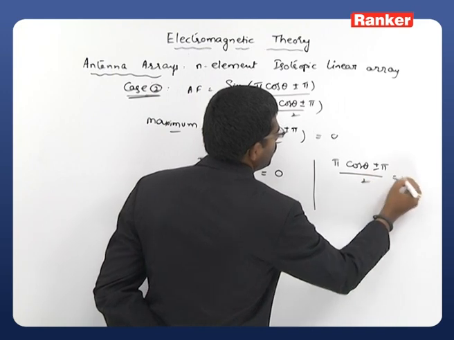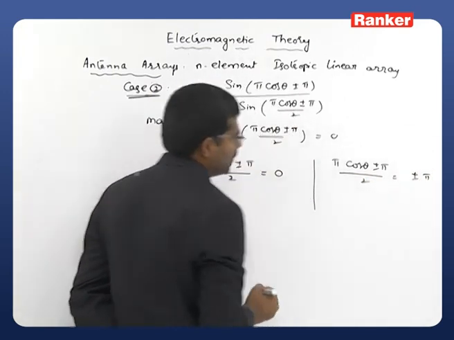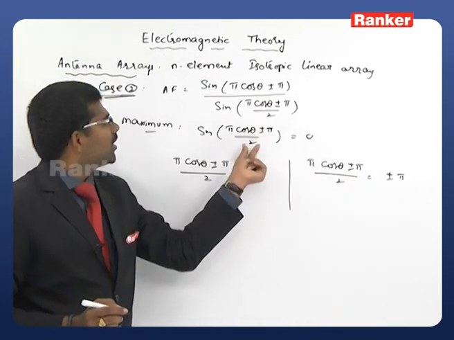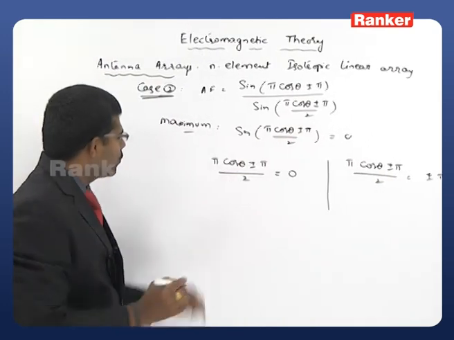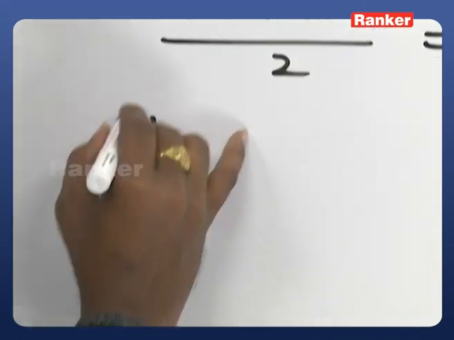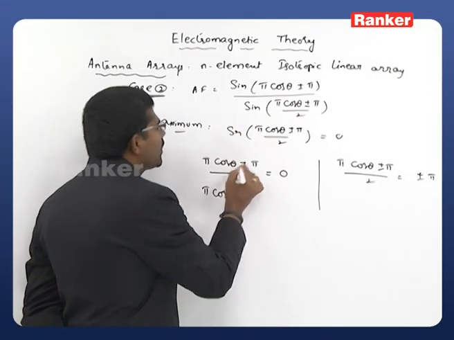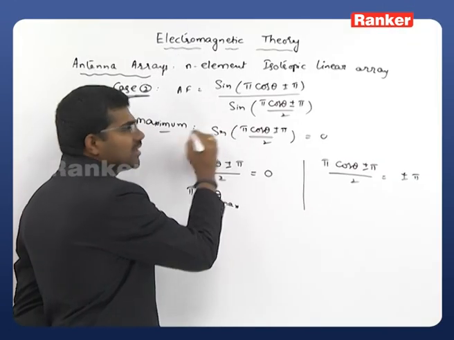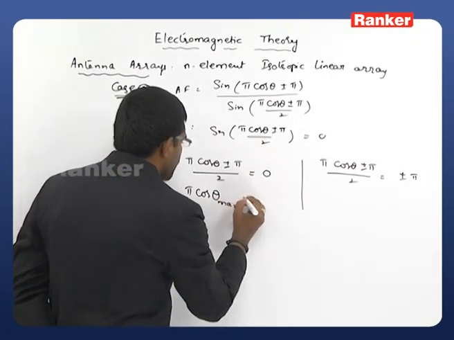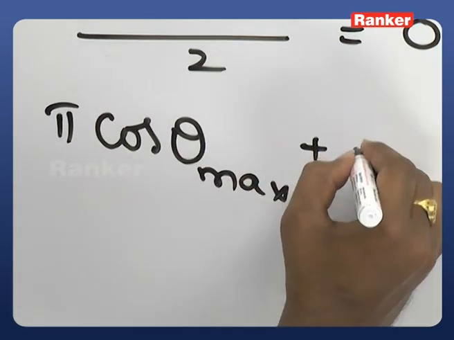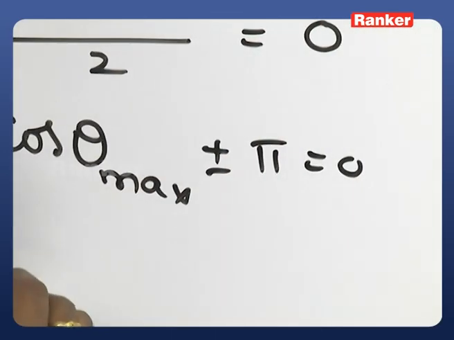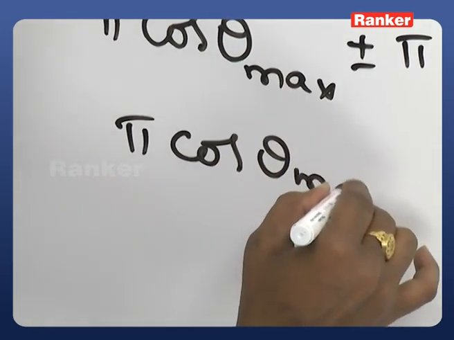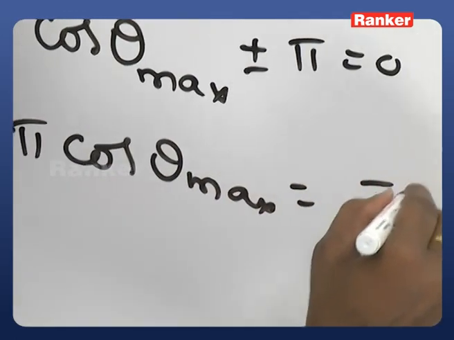If you substitute 0 here, you will get 0. If you substitute plus or minus pi also, you will get 0. Now go to the first one: instead of theta, I will write theta max, as we are observing this for the maximum value. Pi cos theta max plus or minus pi is equal to 0, then pi cos theta max is equal to minus or plus pi.